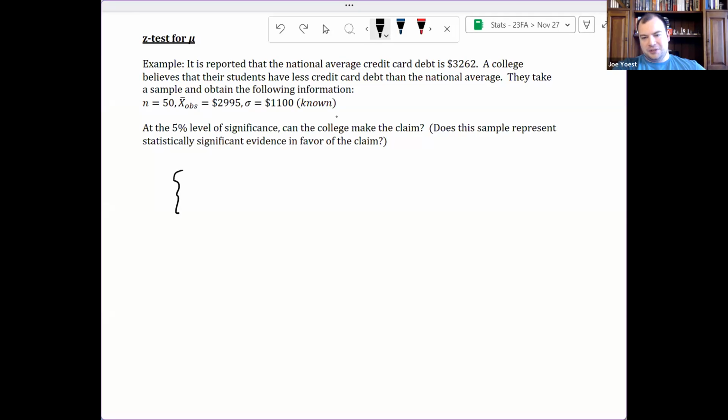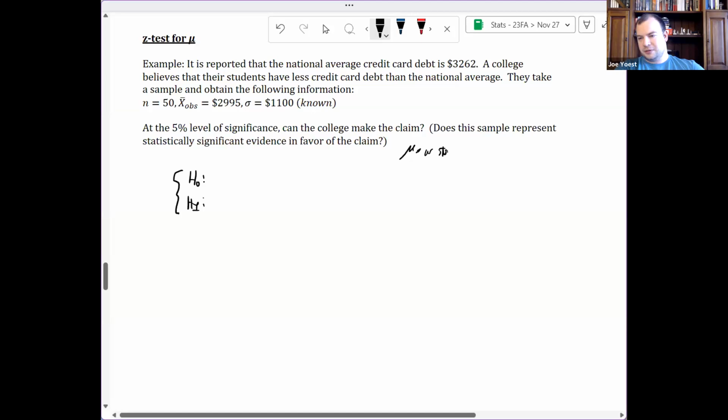So what are our hypotheses? We would like to claim that our students' mean credit card debt is less than the national average. So let's let mu be our students' mean credit card debt.